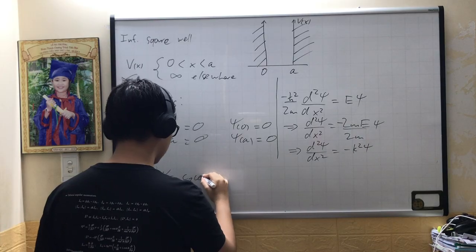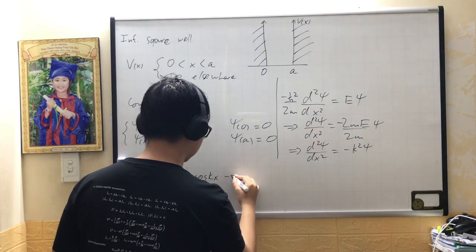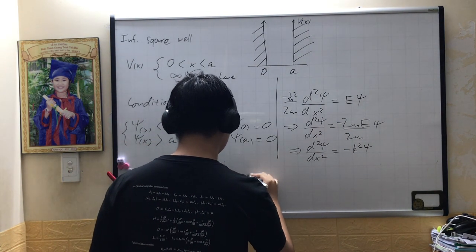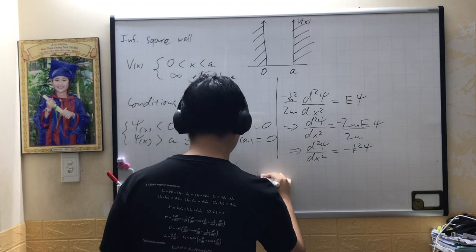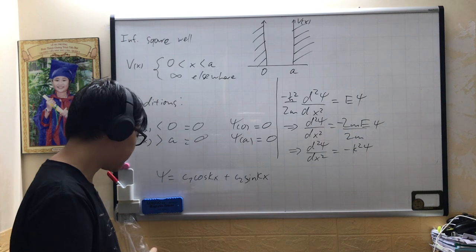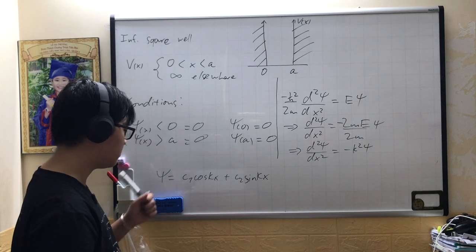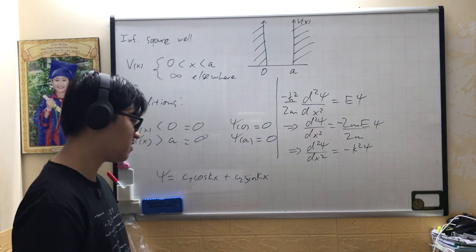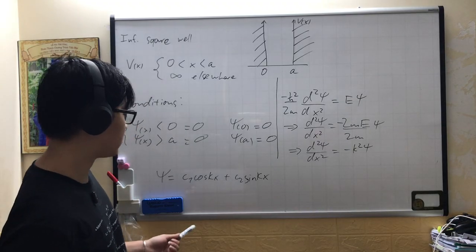You learned this in math class, so I won't be mentioning any further information about this. You get your wave function psi to be of the form c1 cosine kx plus c2 sine kx.